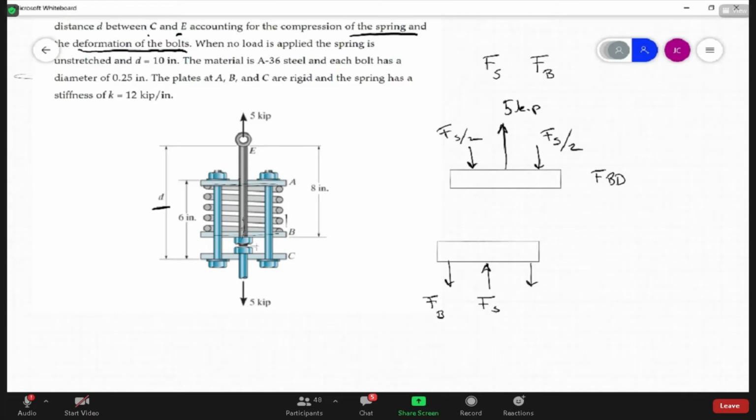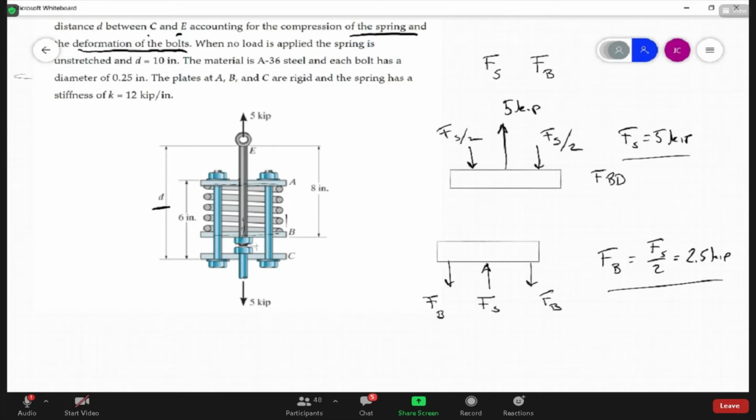There are 2 of those, so the force in the bolt is half of the force in the spring, or 2.5 kips. And the force in the spring is 5 kips. Obviously, the force in the spring is a compressive force, and the force in the bolts is a tensile force, okay?